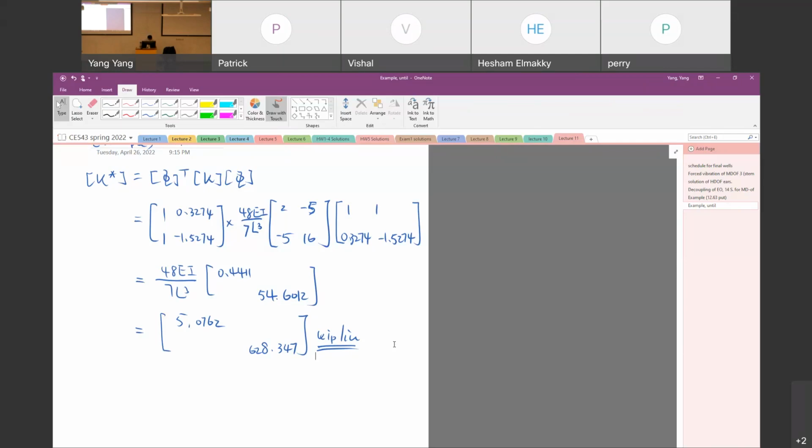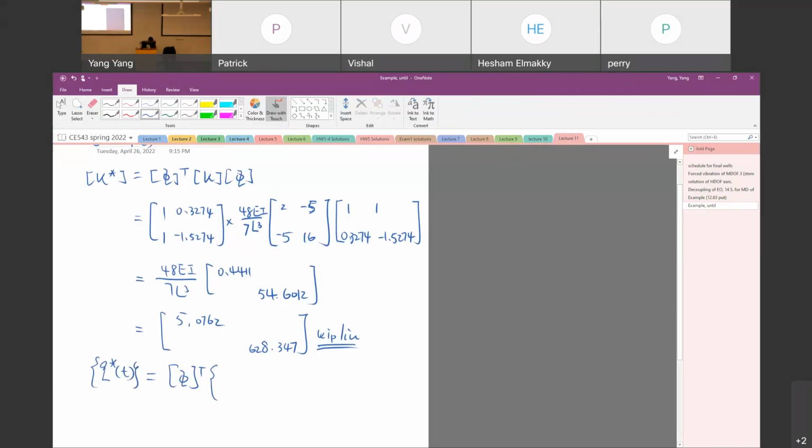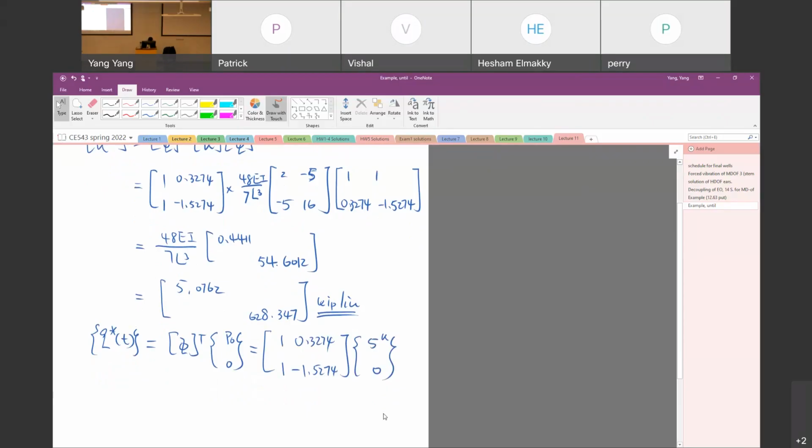For the force, we also need to convert that to Q star.